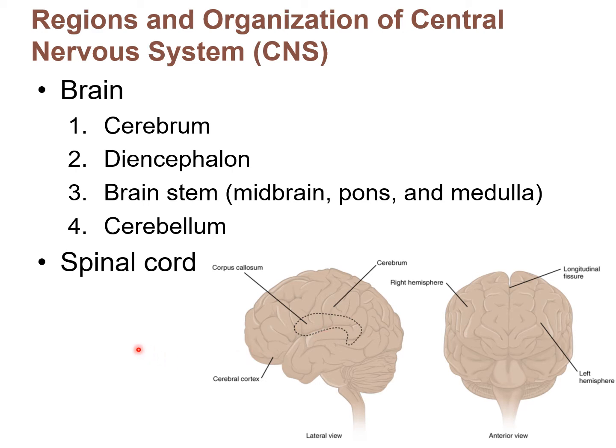On this picture you can't see it. The brain stem, which is made up of three parts: midbrain, pons, and medulla. And then the cerebellum is the fourth part. So just for now, if you're asked for the four main parts of the brain, there they are, 1, 2, 3, 4, and we're going to go into them individually and know their subparts.